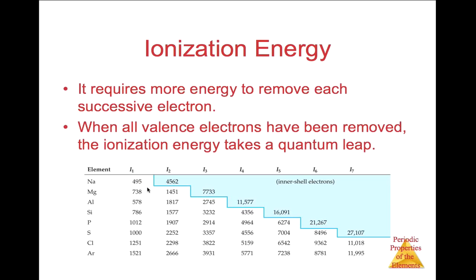Once you remove 2 electrons from magnesium, then it also looks like the noble gas neon, and therefore it has a huge ionization energy. Look at sulfur, same kind of thing. Once it gets to its 7th ionization energy, it will all of a sudden look like neon.